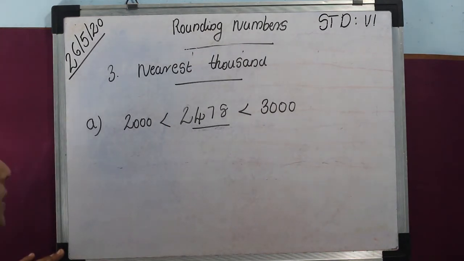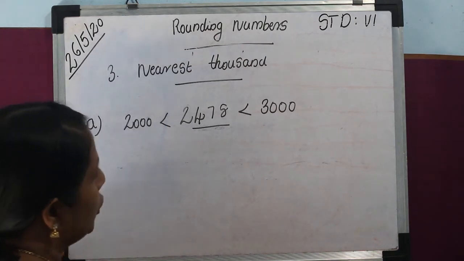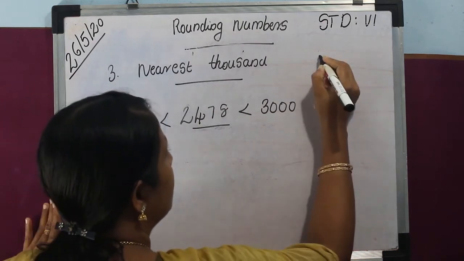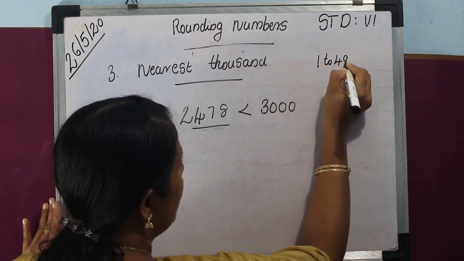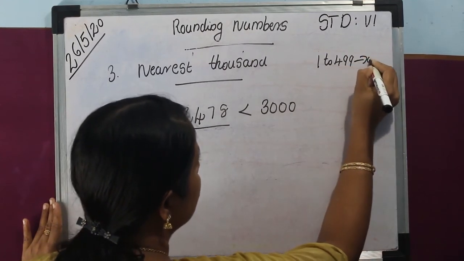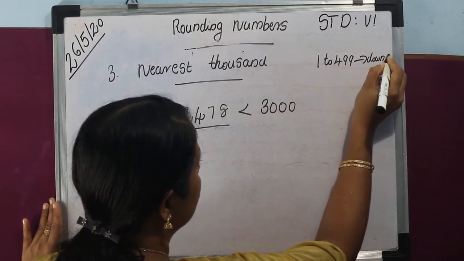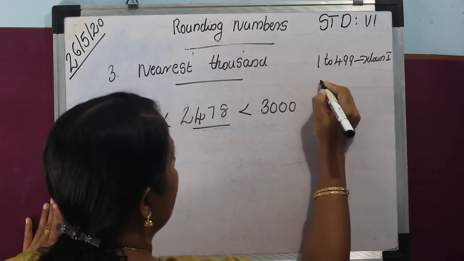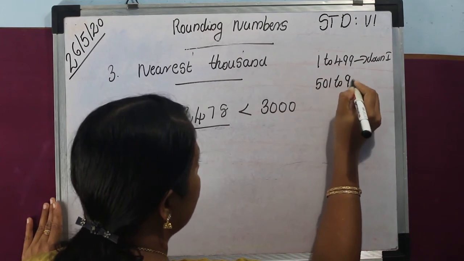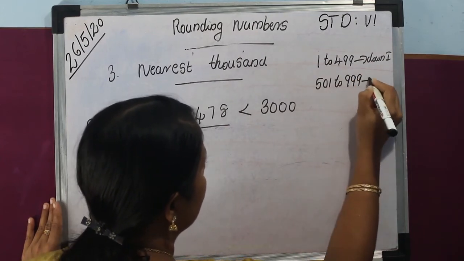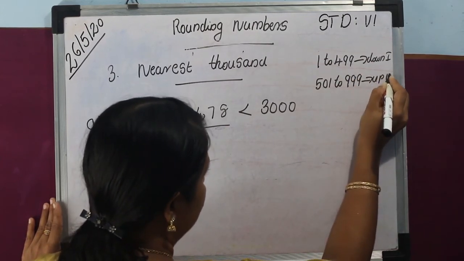First of all, which category does this 478 belong to? Our conditions are: 1 to 499 is rounded down to the first number, and 501 to 999 is rounded up to the second number.